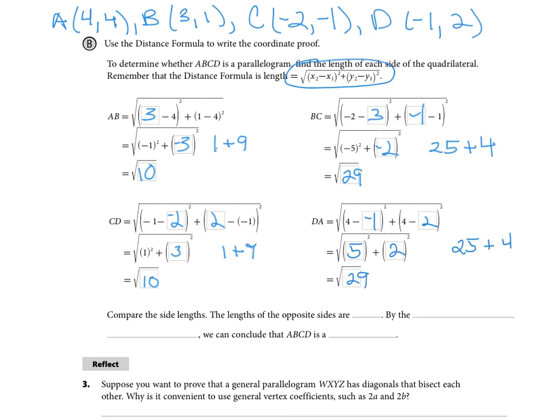So we're going to compare the side lengths. The lengths of the opposite sides are what? Of course, we know that they are congruent. Go ahead and put the little symbol there if you want to abbreviate it.